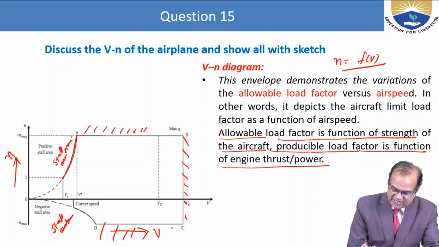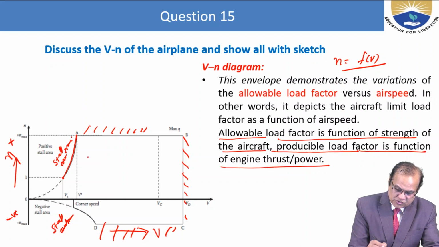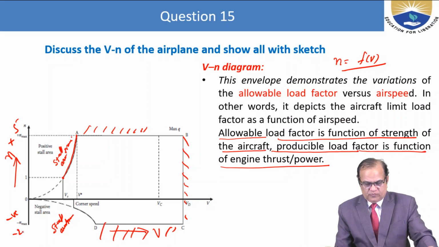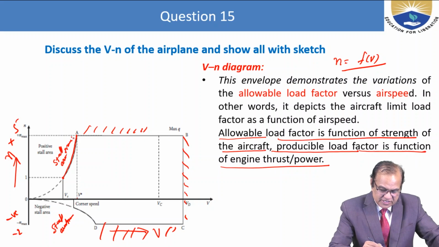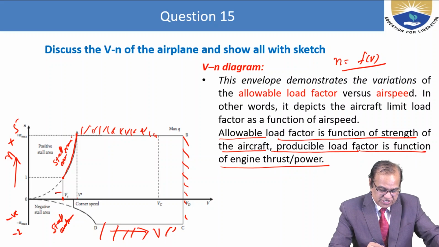This is the negative, this is the positive. So positive is more. So if this is 5, this may be -2. And here we have the corner speed. This is the speed where the structural and the aerodynamic limits meet each other. And this is your stall speed. Below this the aircraft should not go, otherwise it cannot fly.